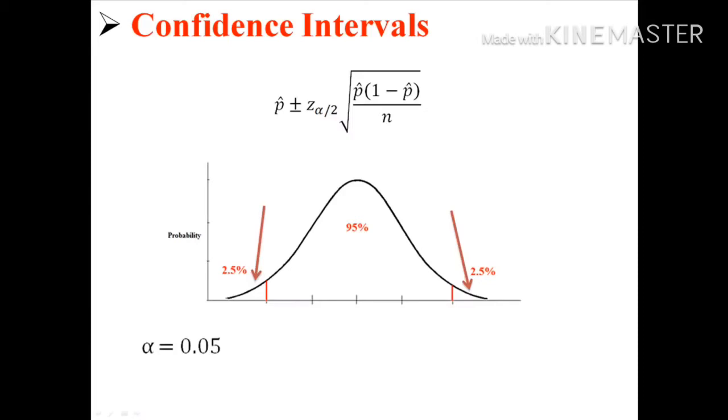Alpha is the probability of making a type 1 error, but don't worry about that right now. Just realize that 5% is the part that's left over from our 95%, and it goes into the tails. So in the equation, you see z alpha divided by 2. Really, that's just saying z 0.05 divided by 2. That means what is the z-score when there is 0.025 in one of the tails?